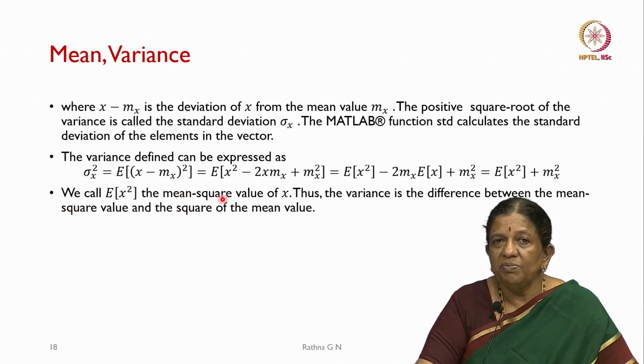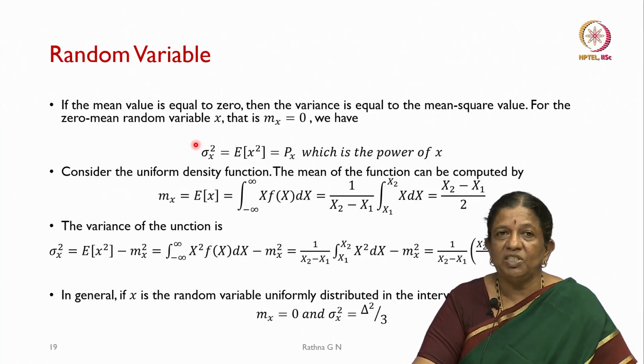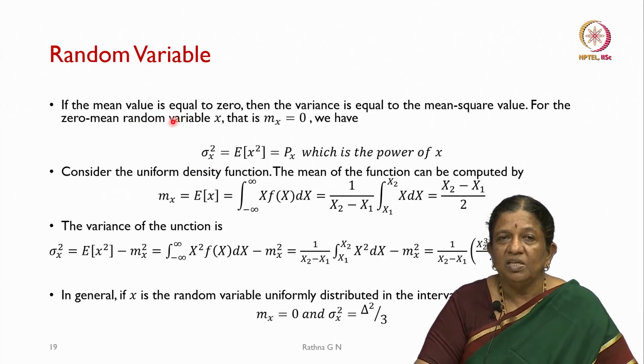We call the first term the mean square value of x. So, variance is the difference between the mean square value and the square of the mean value. If the mean value mx is equal to 0, then sigma x squared is nothing but the expected value of x squared, which we call Px, the power of x.